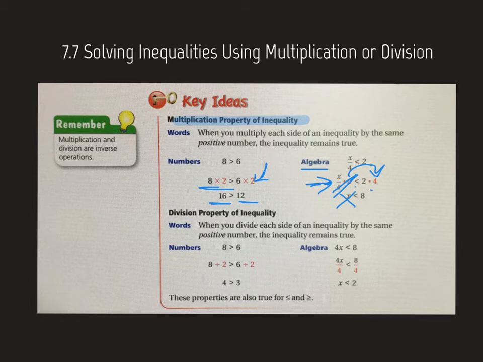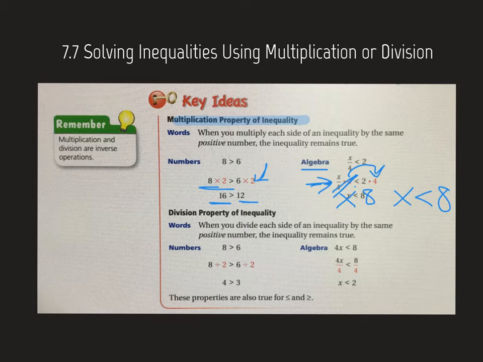So now we're left with x is less than 8. If we put in any number where x is, let's do 6, then 6 divided by 4 is less than 2. So that holds true, which is nice, and that's what that property is talking about.